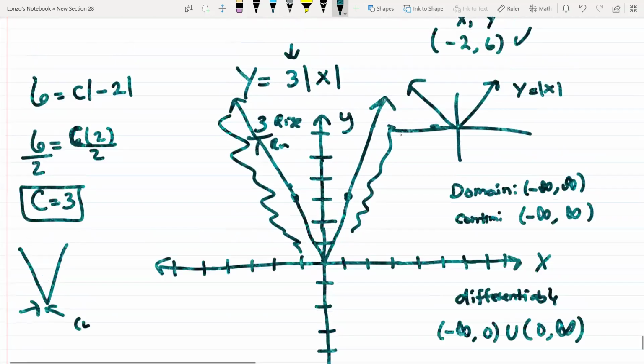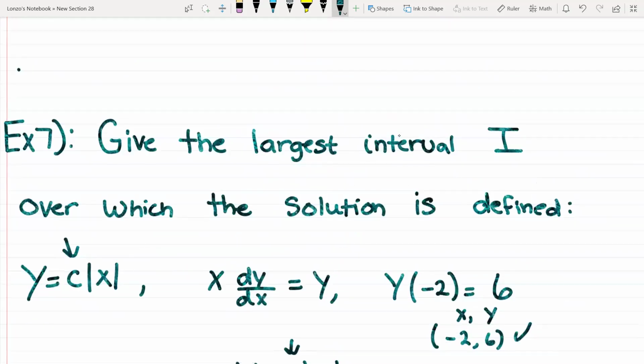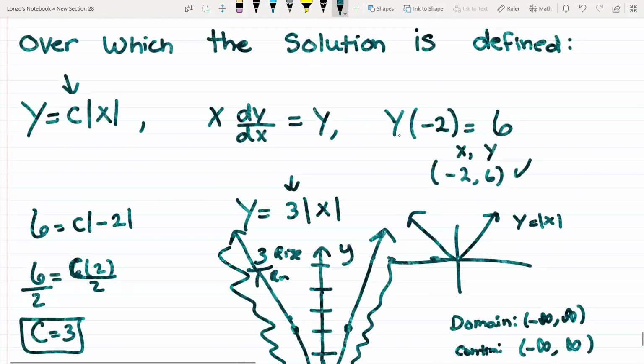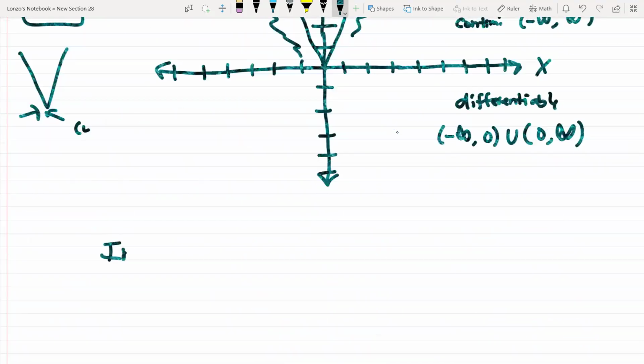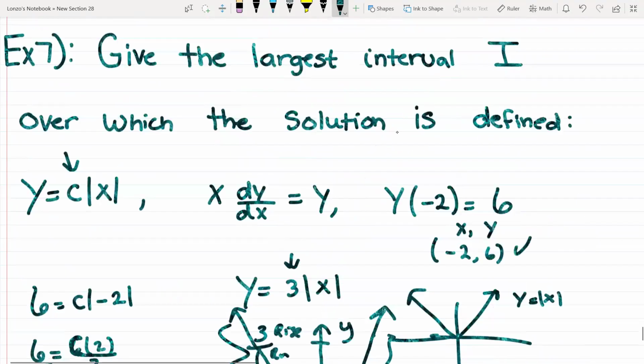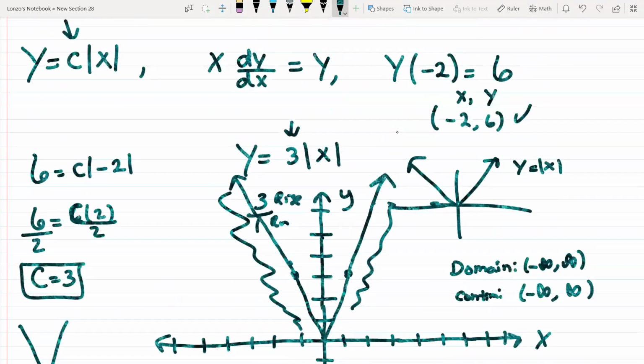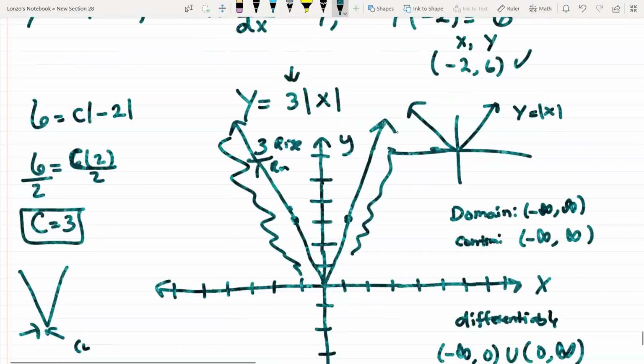So where would be our largest interval of existence? Keep in mind our point is at negative 2 comma 6. So where is negative 2 comma 6?